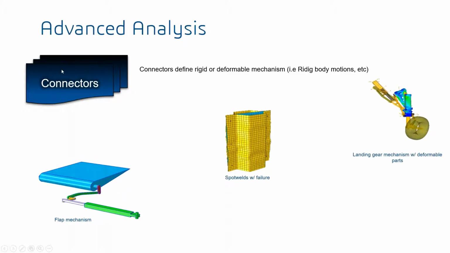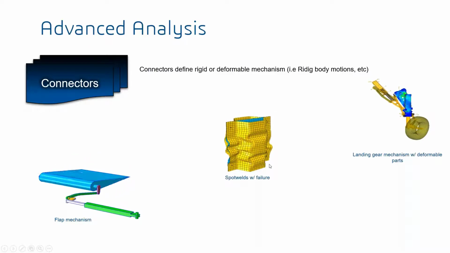Connector elements in the solver also provide for simplifying some connections, to allow us to do full system analysis a little bit more cheaply, but also to include features like spot welds with failure criteria in them.